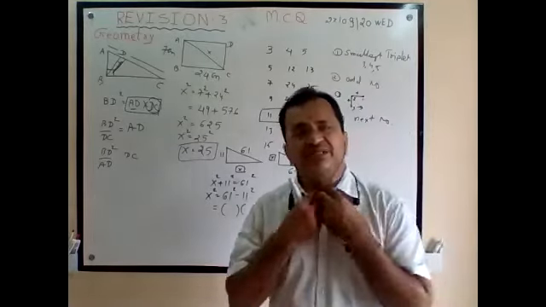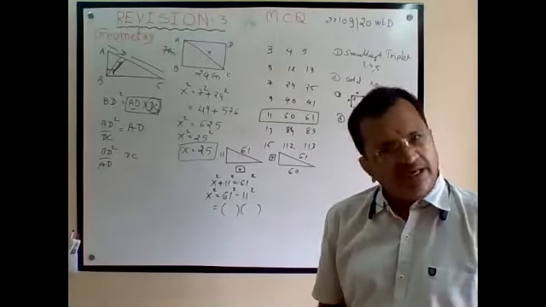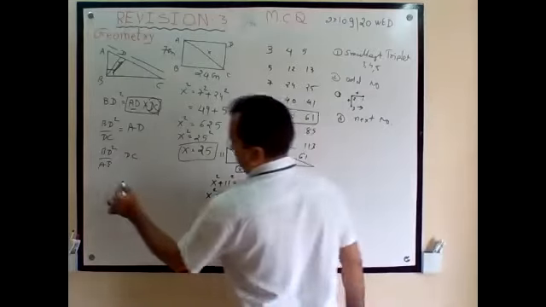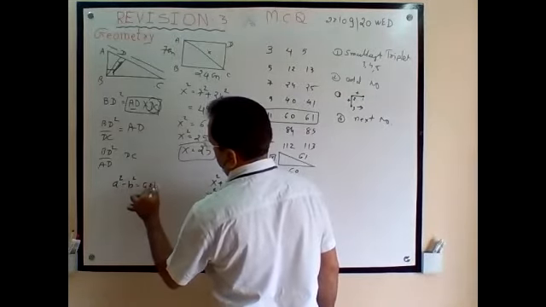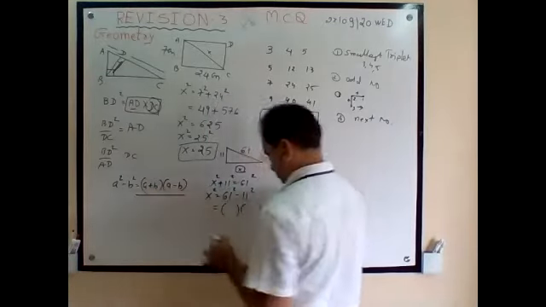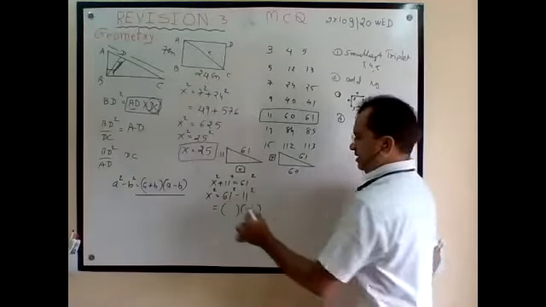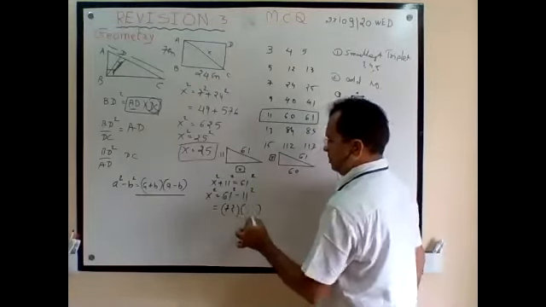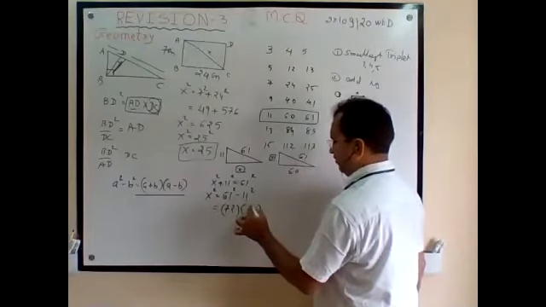So a square minus b square is what? A plus b, a minus b. 61 plus 11 is 72, 61 minus 11 is 50.